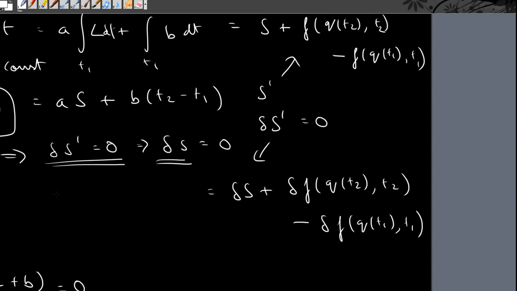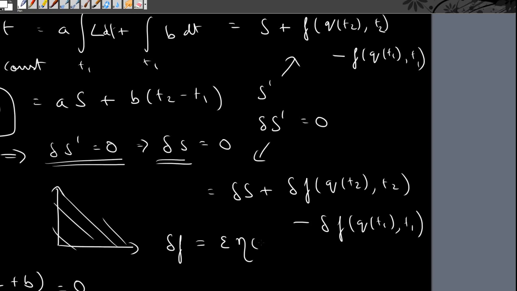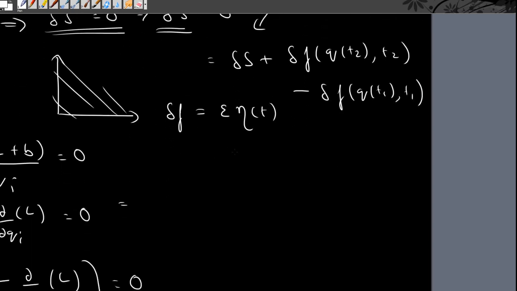Now, if you remember from the previous video, if you consider the video lecture from the math series on Euler Lagrange equations, there we defined this variation as some epsilon times eta, where eta is some arbitrary function of t defined in such a way that eta of t1 is equal to eta of t2 is equal to 0.